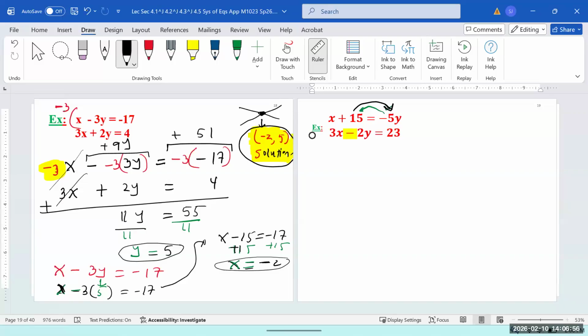I plugged in the y, so I got negative 20. Minus 20 equals 15, and then I add the 20, and I get 35. One of them is definitely wrong.